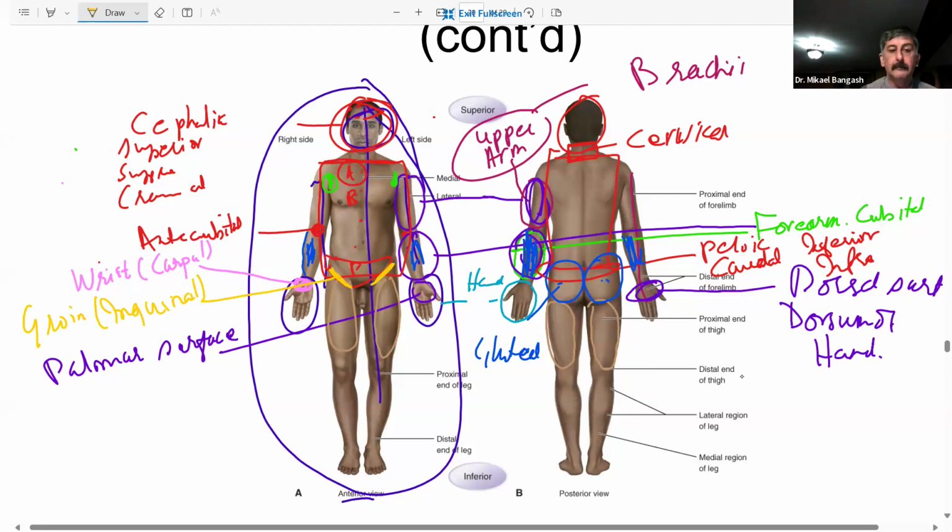Did you guys get that? So posterior of your pelvic cavity is going to be the gluteal region, which is your buttocks.